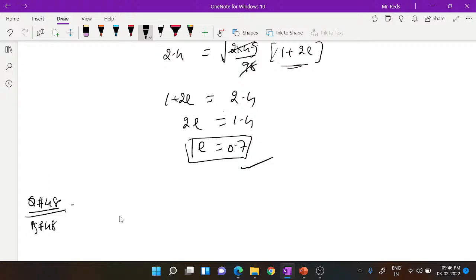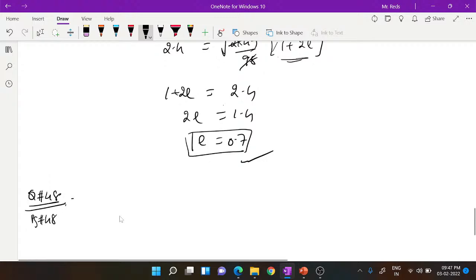It is given that a ball is dropped from a height h onto a floor of coefficient of restitution e. The total distance covered by the ball just before the second hit.